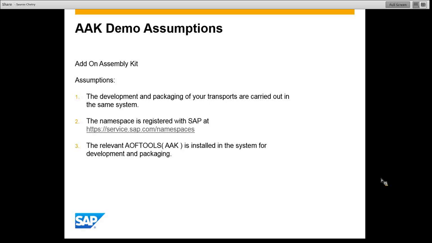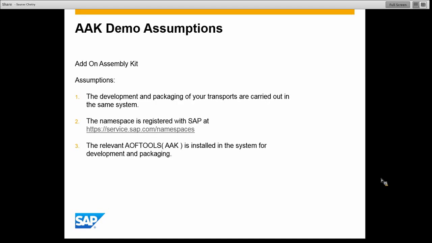The second system is the consolidation system, where you actually prepare your delivery requests and delivery component and assemble them. And the third system is a test system, where you install the delivery component file and then test the add-on that you developed for the SAP standard.